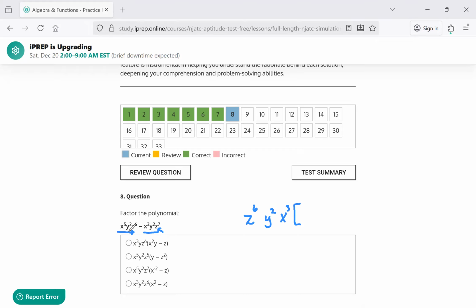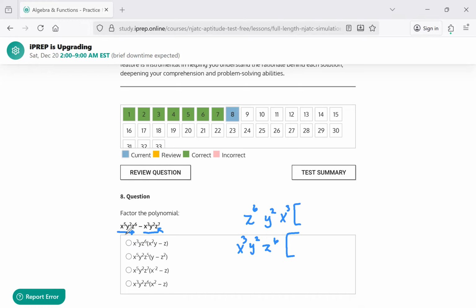Okay, so we still can't change this problem, so let me rewrite this. Let's put the x first, so it would be x cubed y squared z^6.